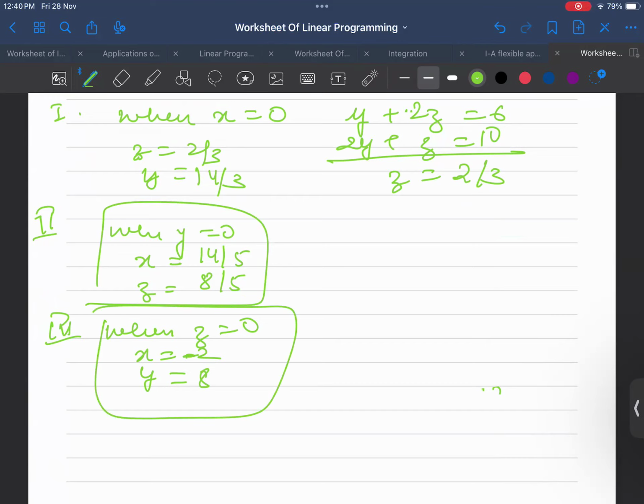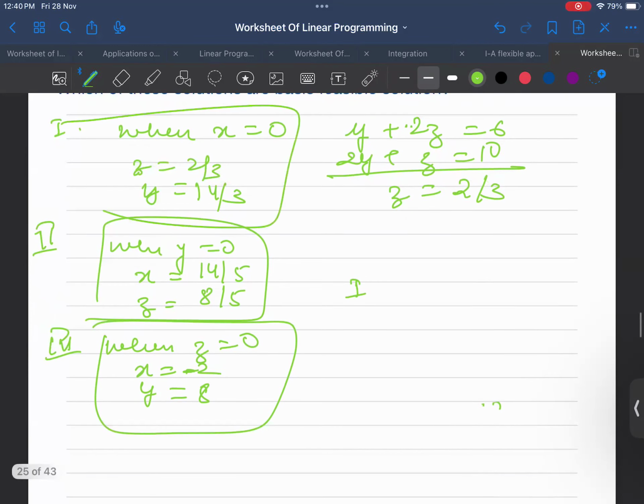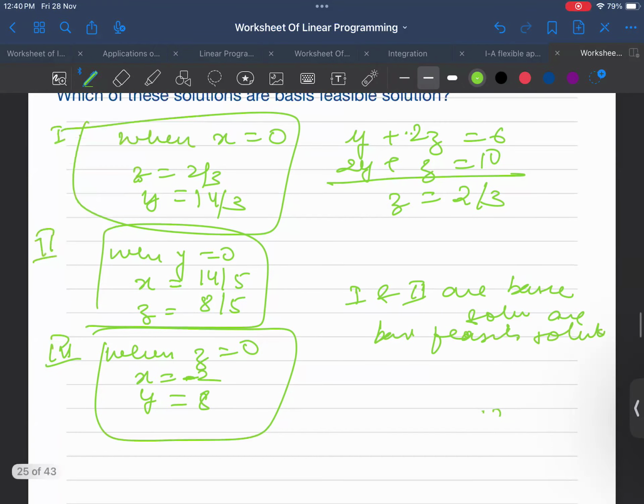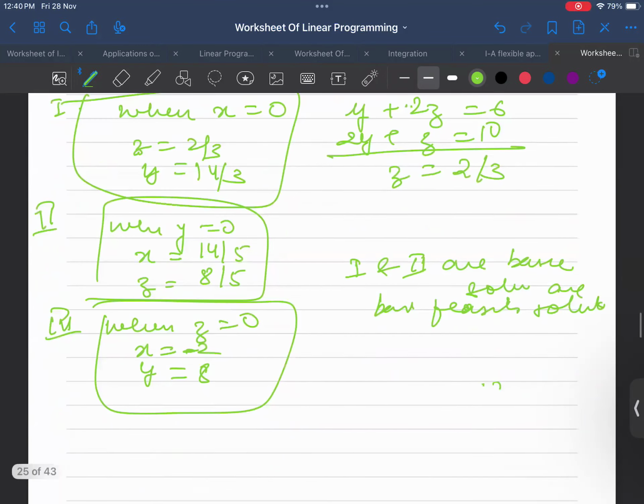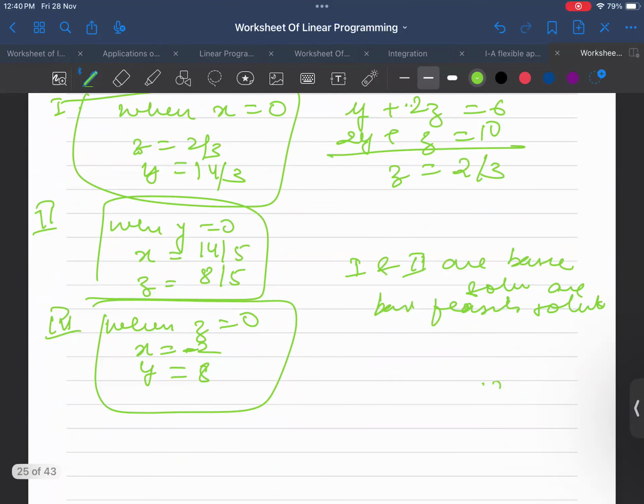So 1 and 2 are the basic feasible solutions.